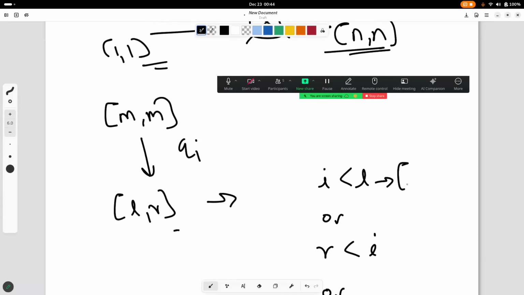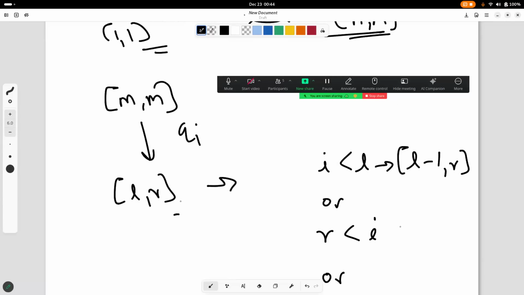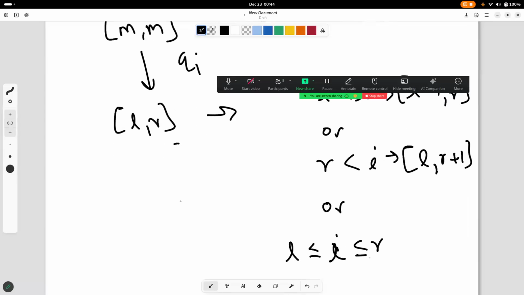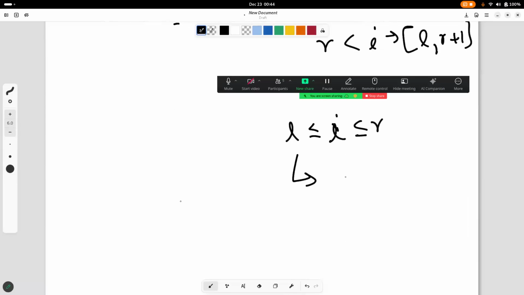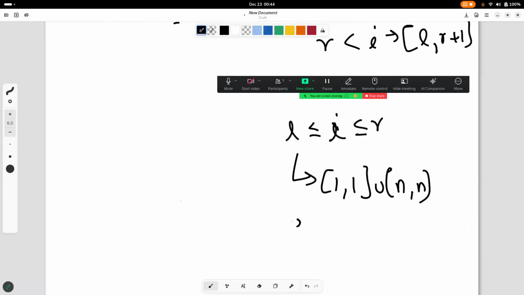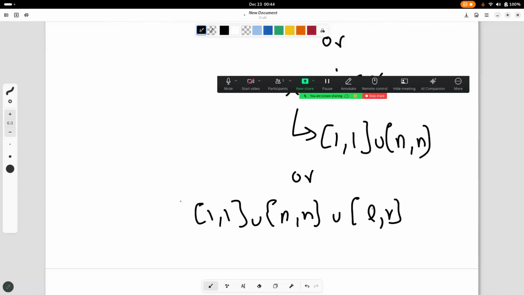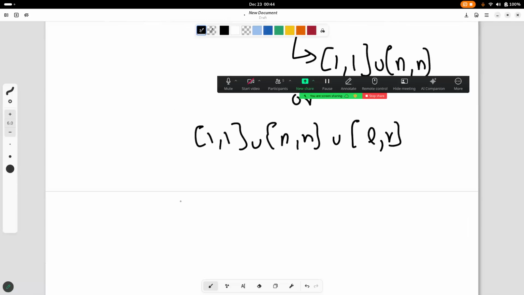In this case, the range would become L minus 1, R. In this case, the range would become L, R plus 1. And in this case, depending on what L and R are, it would become either this or this plus LR. So that's the overall idea.